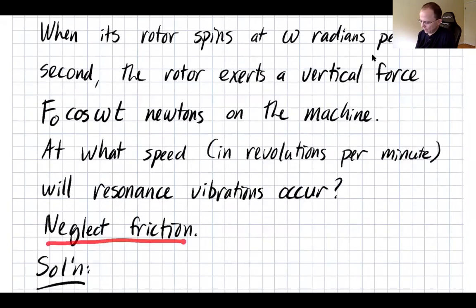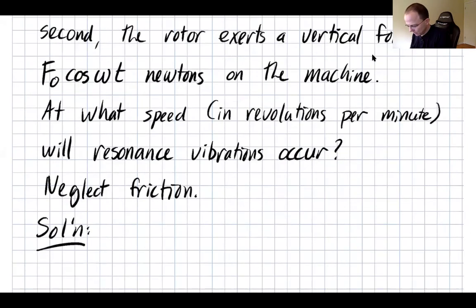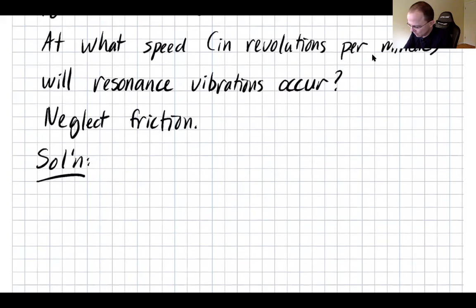We're going to neglect friction in this case, which is probably a little bit unreasonable, but I don't know what kind of friction could occur. Definitely air resistance is not going to play a huge factor, but anyway. So let's figure out when this resonance will occur.